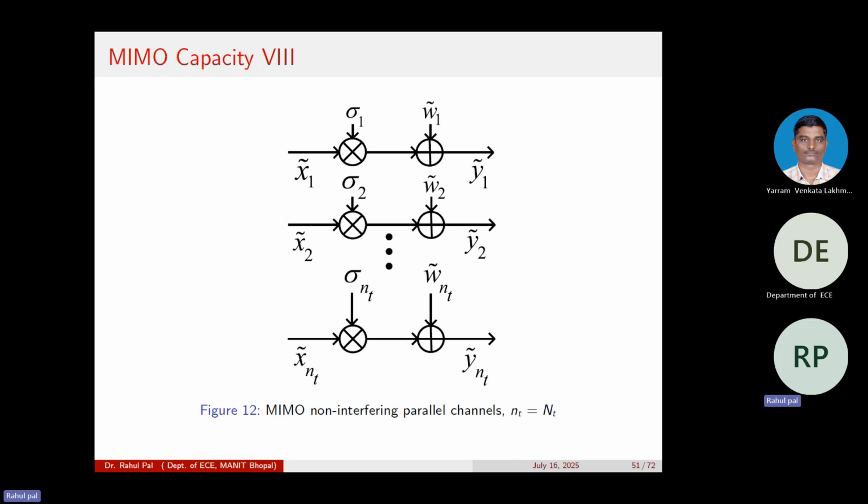From each channel we can transmit a signal, and from all the channels we can transmit signals simultaneously. So at the same time, we can transmit that many signals, for example that many bits. This is the capability of MIMO communication: at the same time, we can transmit multiple signals.